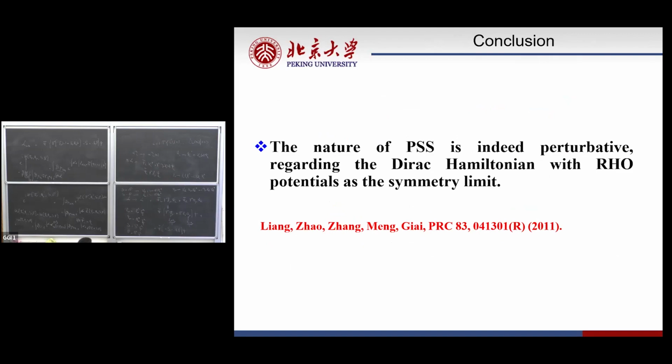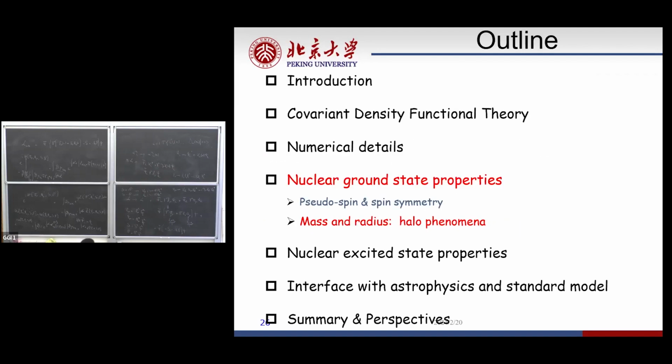And the only difference is where the symmetry limit is. In particular, I found this pseudo-spin symmetry interesting also for students, because even smart undergraduate students can easily handle this concept. Simply from the solution of the Dirac equation, you can apply a lot of physics. So that is an interesting part.